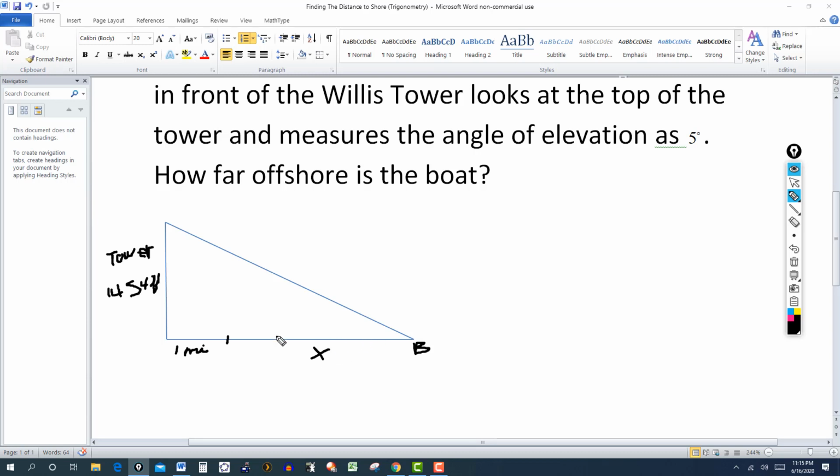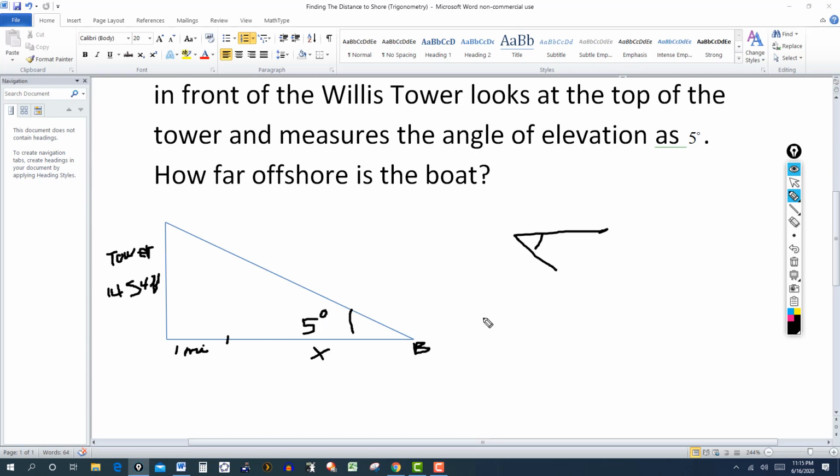And then the angle of elevation, as you look up, that's your angle of elevation. If you're on top of a building looking down, then that's your angle of depression. Looking up, you have the angle of elevation. And they tell us that the angle of elevation is 5 degrees. So this angle right here is 5 degrees, and we want to solve for x.